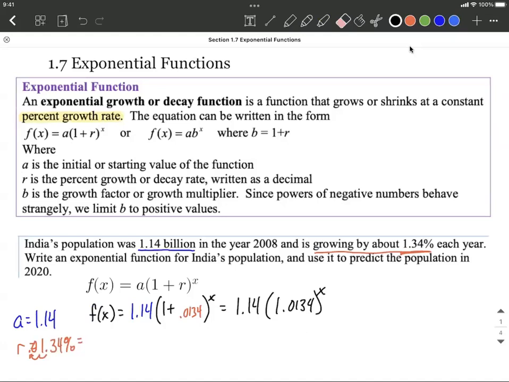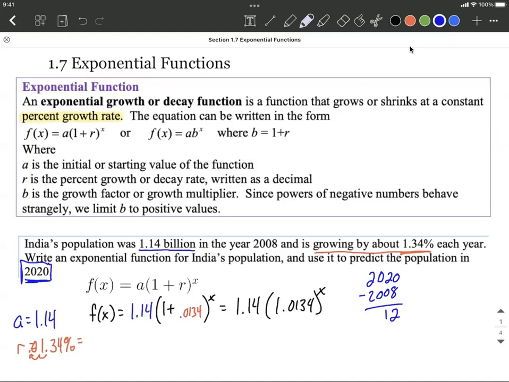All right, now let's try to answer that follow-up question. So that's our model. The follow-up question, kind of a part B on this, is let's use that to predict what the population is going to be in the year 2020. So the initial population was in the year 2008. So if we do 2020 minus 2008, that's going to be 12 years into the future.